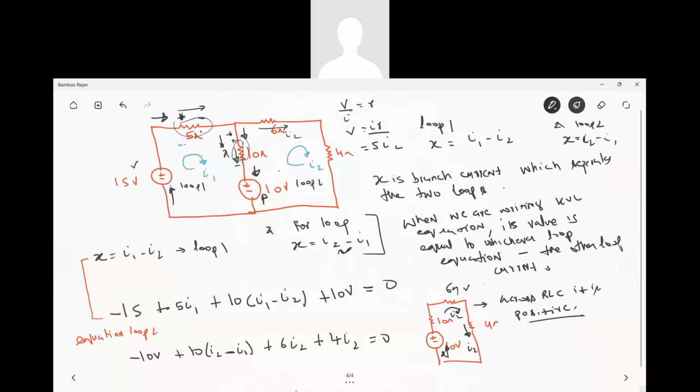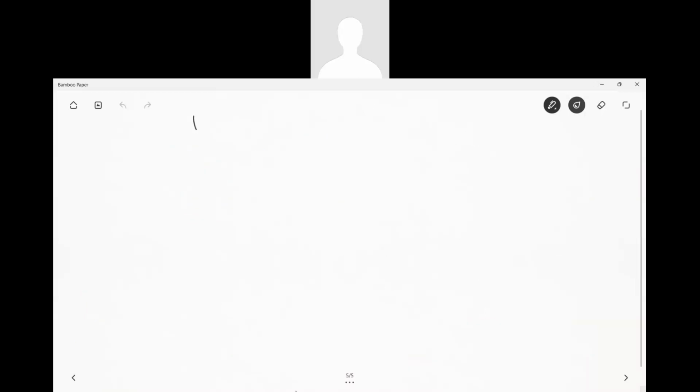Now you are understanding, right? You have to be careful when you are taking the branch. What is the mistake that can happen while you are solving this mesh analysis? The only mistake will happen in the branch resistor, which is in between. Like here you made this mistake, 10 I2. It won't be 10 I2, it would be 10 into I2 minus I1. Here it would be the opposite, 10 into I1 minus I2.